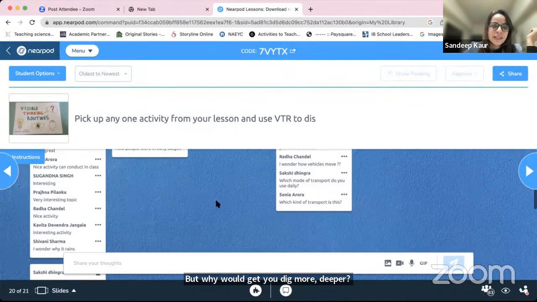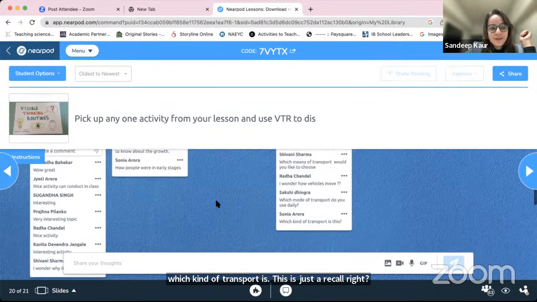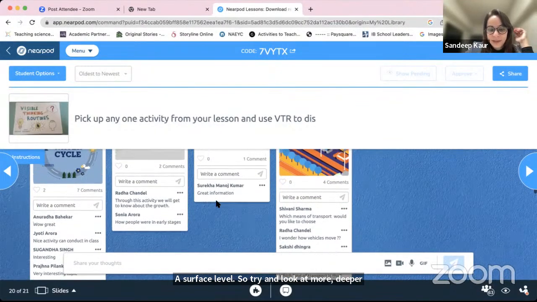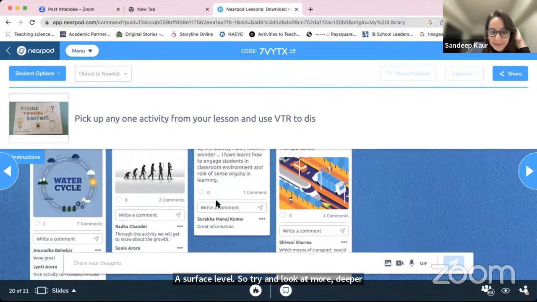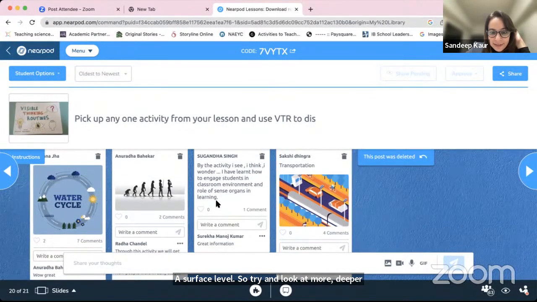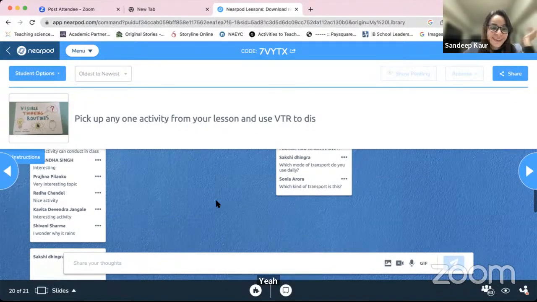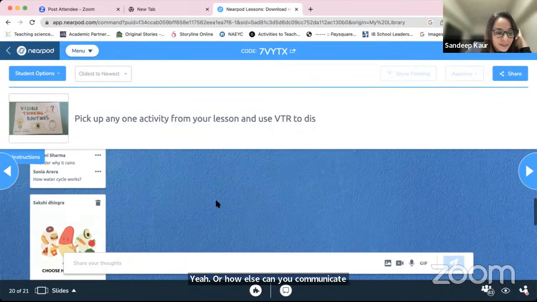And which kind of transport is this? Is just a recall, right? A surface level. So try and look at deeper question framing. Yeah. Or how else can you commute? Yeah.